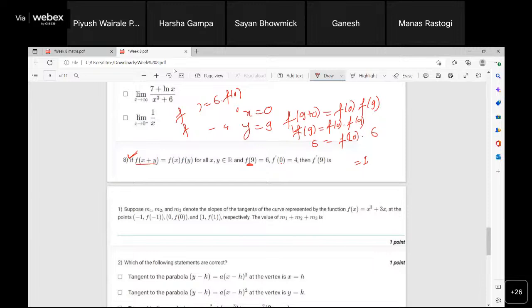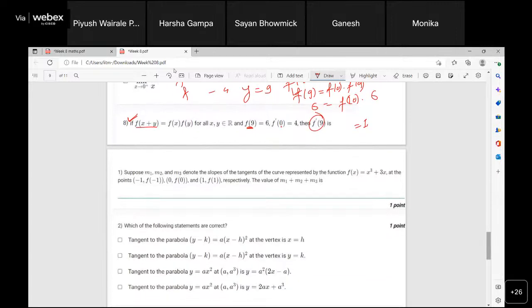But sir, f of 9 means x equal to 9. You can consider 9 also, here 0 also, no issue. Okay, sir, got it. We have to find f dash of 9 only, right?